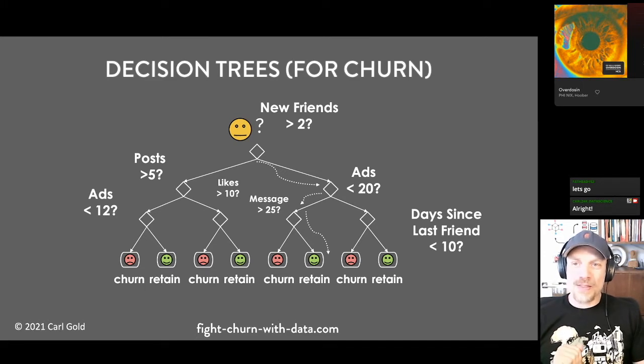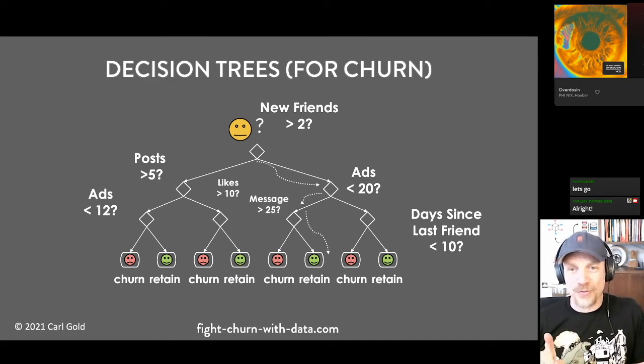So maybe you run your algorithm and it produces the tree. That's the first thing to know. The rules in these trees are going to be created by an algorithm. And I'm actually not going to go into the details of these algorithms because I'm not an algorithm teacher. I'm a churn fighting teacher. So I'm going to show you how to apply this to churn, but not get too into the weeds of how the algorithm works.